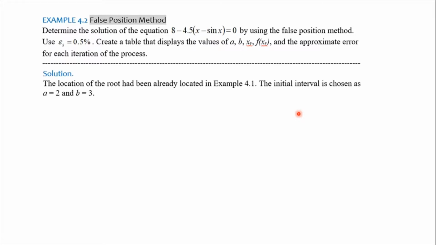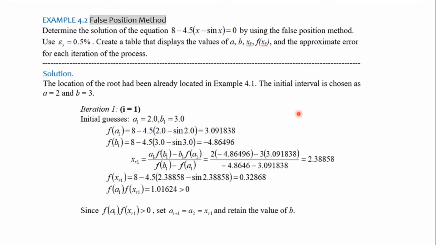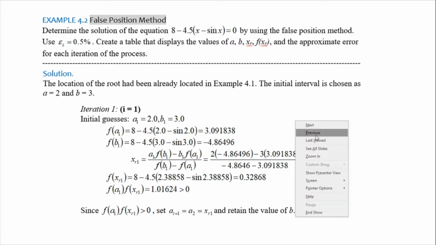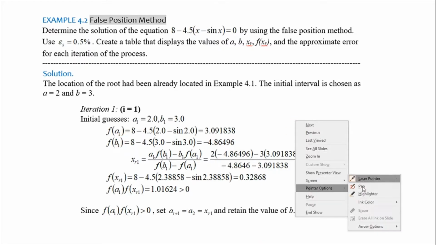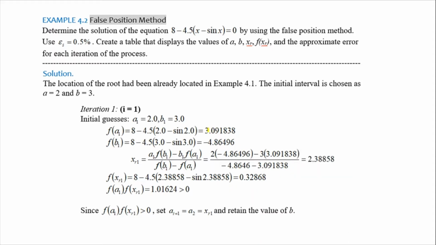Since we know the location of the root to be at the interval 2, 3, we have our a sub 1 equals 2 and b sub 1 equals 3. At the first iteration, with i equal to 1, a sub 1 is equal to 2 and b sub 1 is equal to 3. The values of the function at x equals a sub 1 and b sub 1 should be calculated. So here are our values.